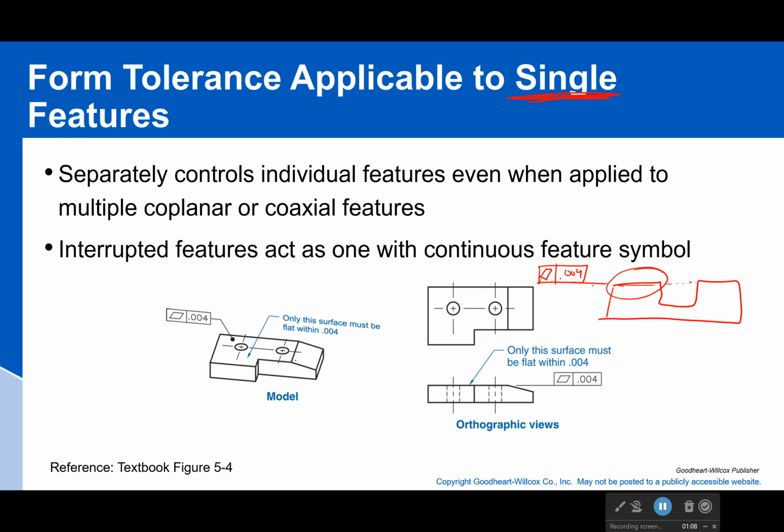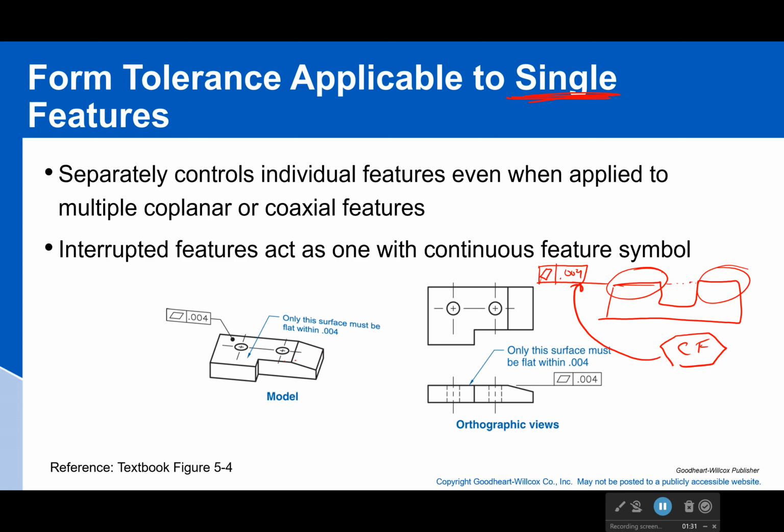This is the one that's going to be controlled by this tolerance. This one is not controlled. If we wanted to make it so that both were controlled, we would have to use the continuous feature symbol, which is just CF in this little box here. And we would include it inside of our tolerance to let them know that it applies to both.